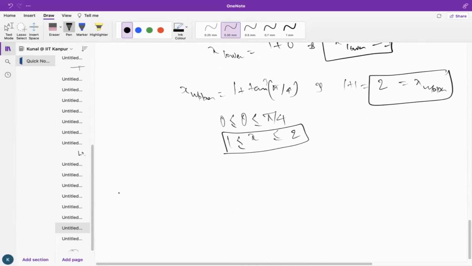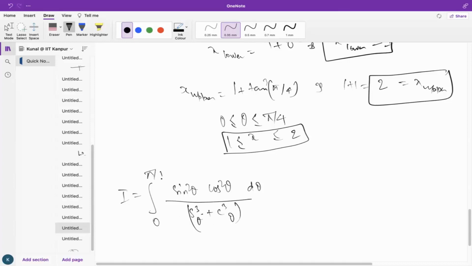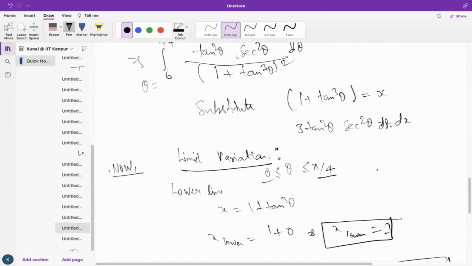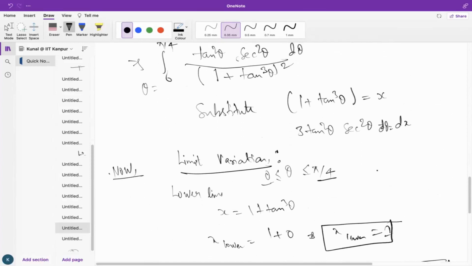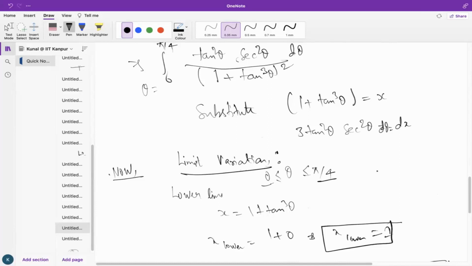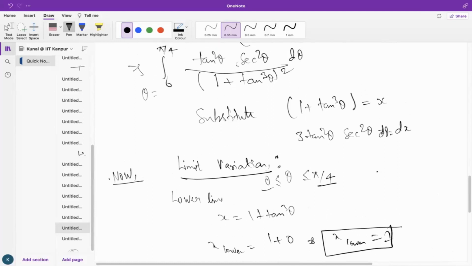Now, what is our given integrand? Our given integrand is sine squared theta cos squared theta d theta divided by sine cube theta plus cos cube theta, right? And it varies from 0 to pi by 4. Now our x varies from 1 to 2, and our function looks like this: the 1 plus tan cube theta whole square, we put x.